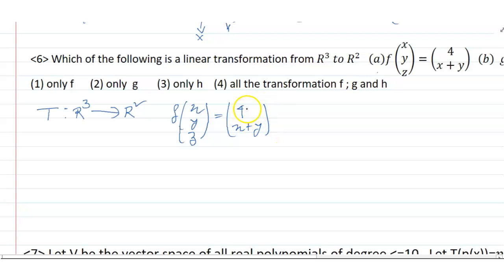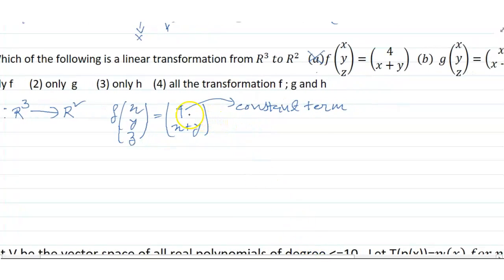So you can say that it is a constant term. As it is a constant term, it can never be a linear transformation. It cannot hold linear transformations.